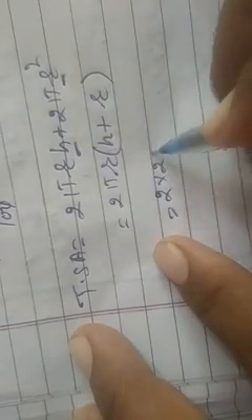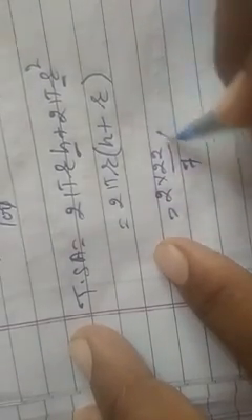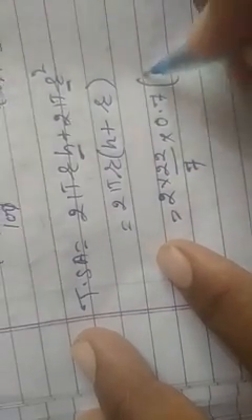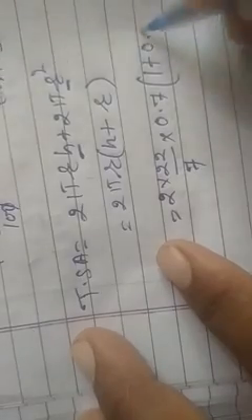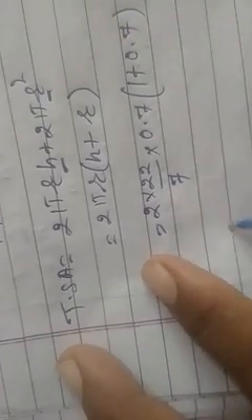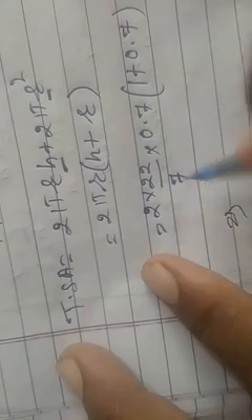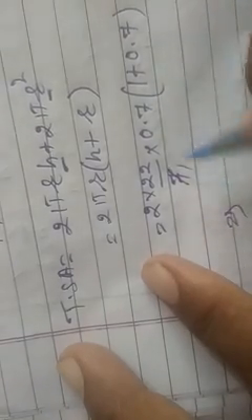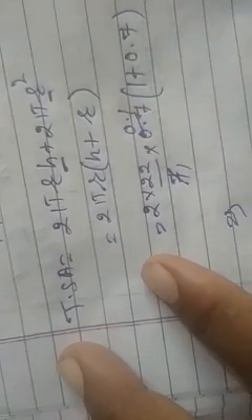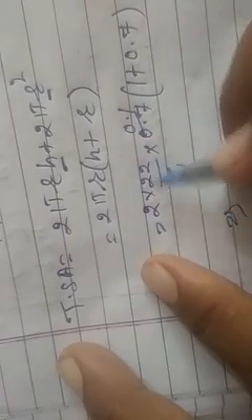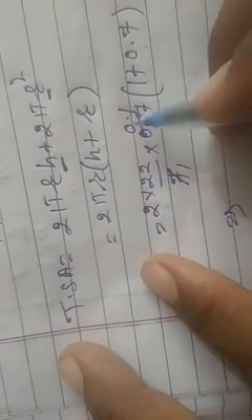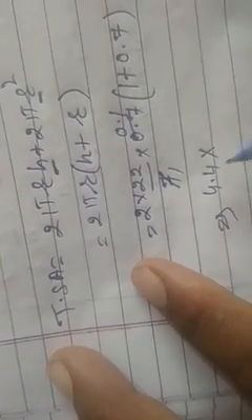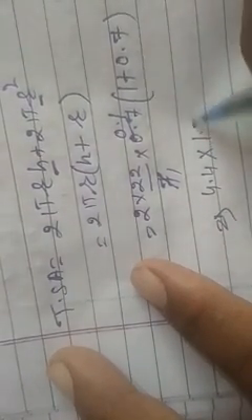2 into 22 upon 7 into r 0.7 into r plus h 1 plus 0.7. Then calculate this. We divide 0.7 by 7, then this will be 0.1. Then 22 twos are 44, into 0.1, then 4.4 into 1.7.